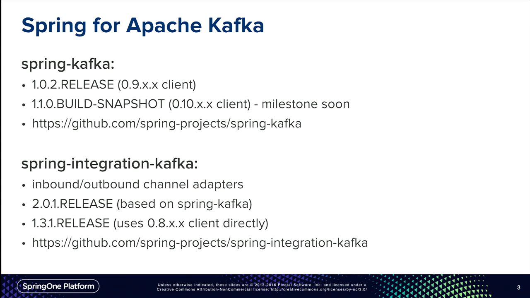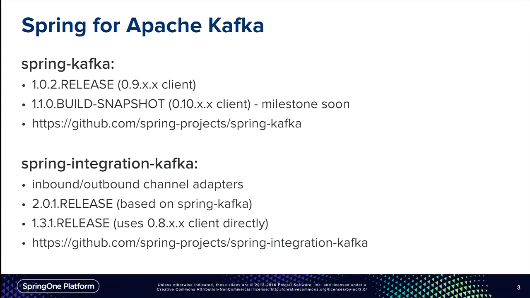So going back a couple of years now, we started out with the spring-integration-kafka extension. Originally it was in the extensions repo. It has its own repository now, and that's currently at the 1.3.1 release, and that uses the 0.8 client. But it uses it directly. There is no Spring Kafka.